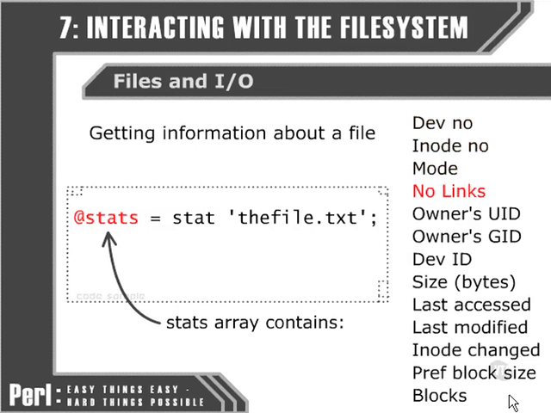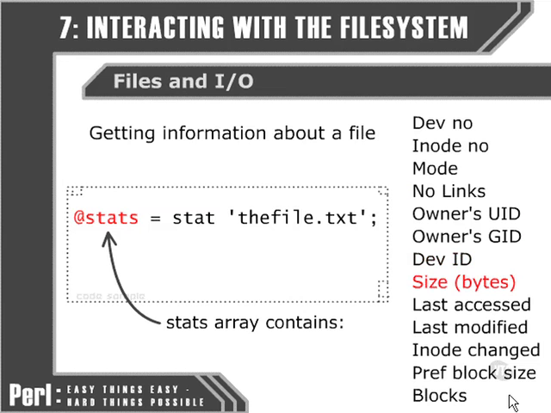The number of hard links to the file within the file system. And here's the owner's user ID and the owner's group ID. And these two are probably more relevant to Unix-based file systems than they are to, for instance, a Windows file system.